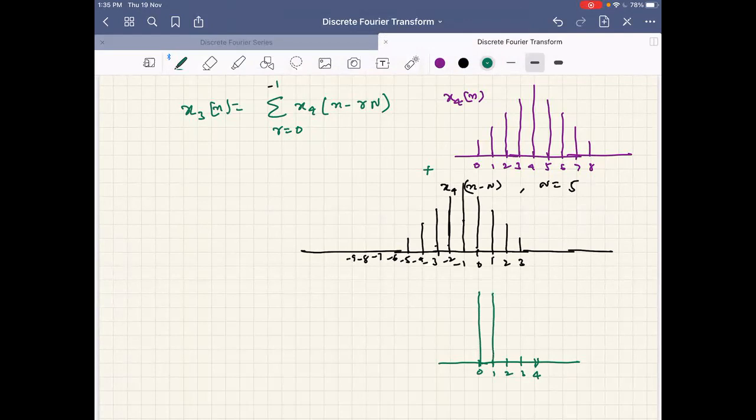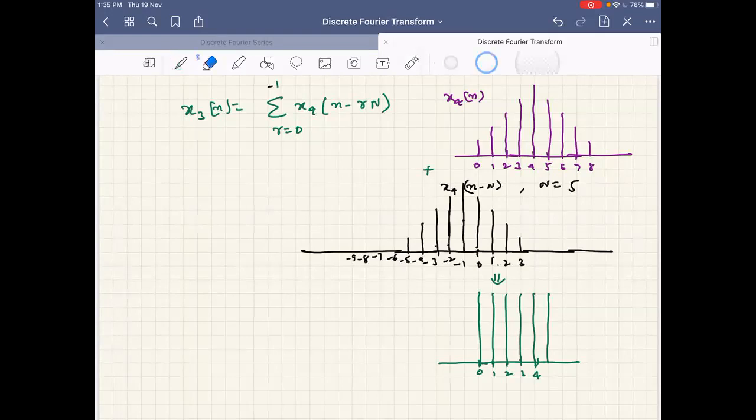Again 3 plus 2, that is 5. 4 plus 1, that is 5. You see, this is what I am adding, these two sequences, and 4 plus 1 is 5. Here 5 plus 0, that is 5. We restrict to this range, 0, 1, 2, 3, 4, and we are done.